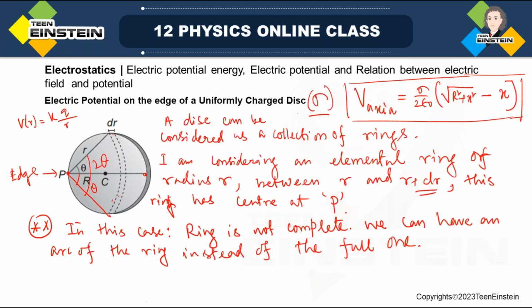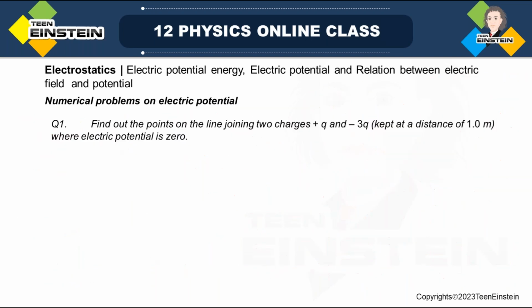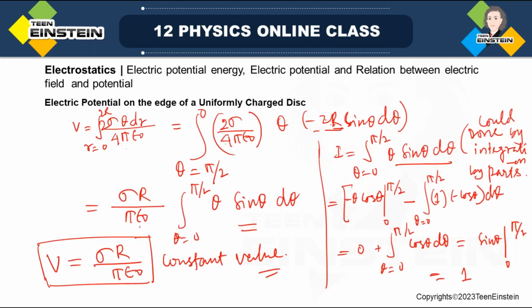Two results: first, the potential on the axial point due to a disk, it is actually sigma by 2.